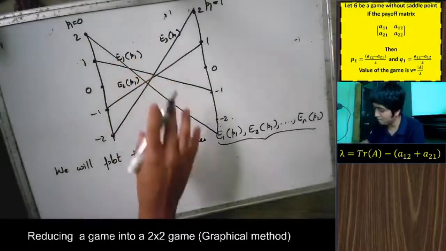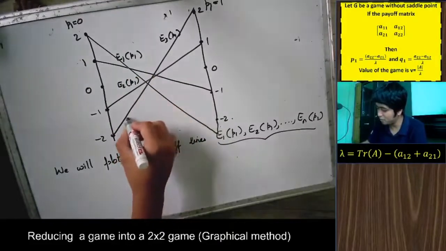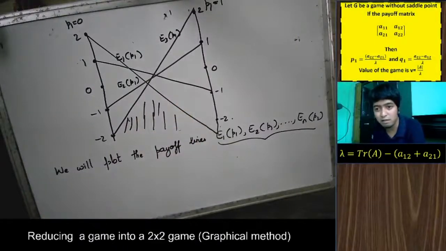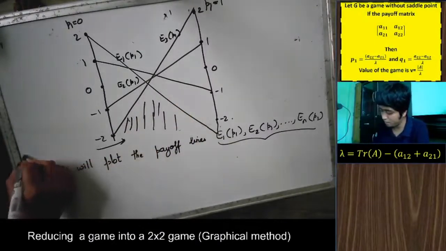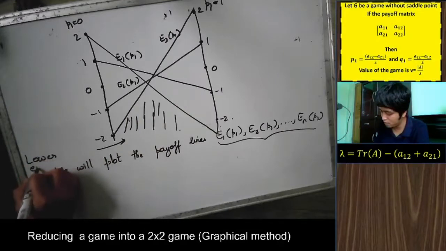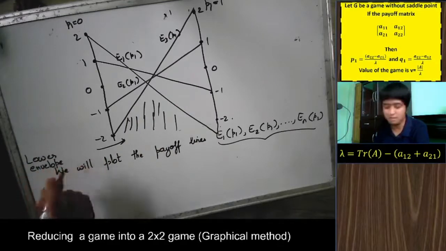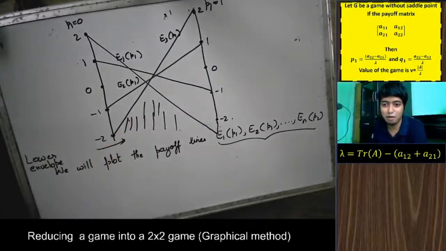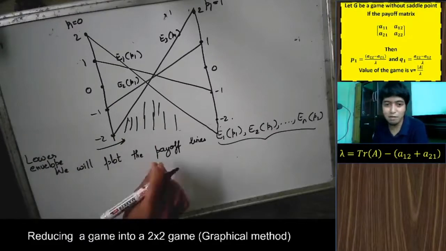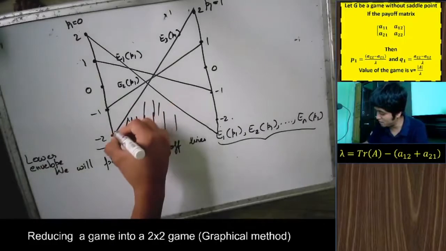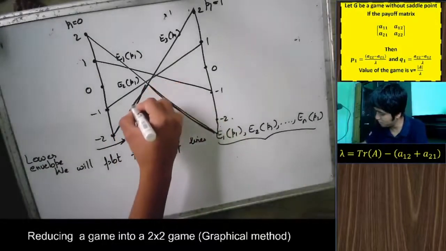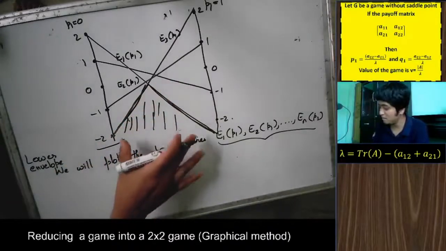Now you notice that there is this lower portion. This lower portion is called the lower envelope. What exactly does this lower envelope give us? It gives us the minimum payoff for player A. The minimum payoff that player A can achieve is only over here. So this lower region represents the minimum payoff.